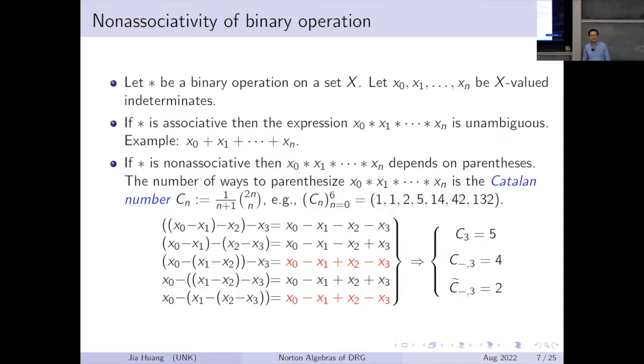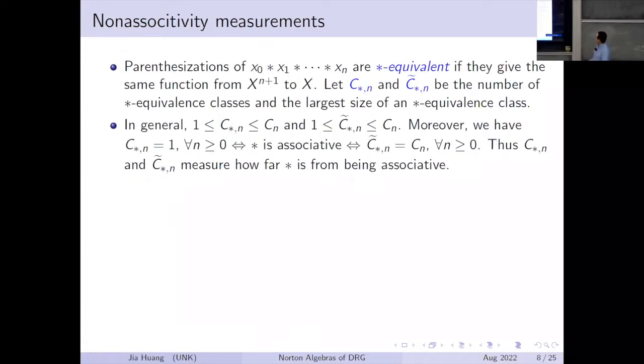Is the definition clear? In general, C star n is always between 1 and the Catalan number Cn, and the same with C tilde star n. When you have an associative operation star, C tilde star n is going to be Cn, and C star n is going to be 1.